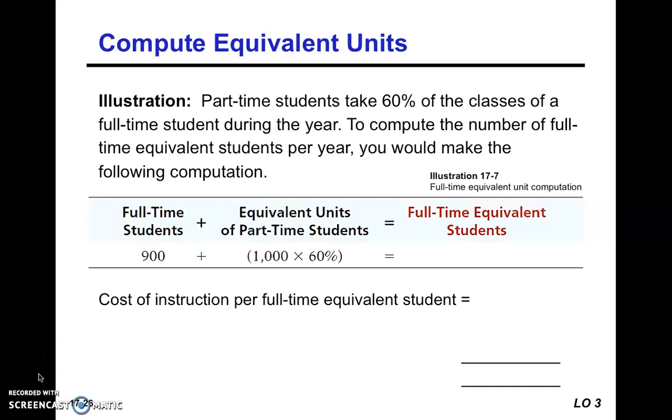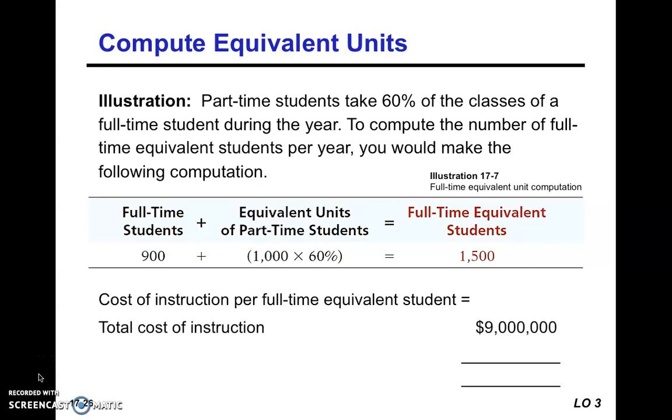We multiply the number of part-time students by the percentage of classes that they take compared to full-timers. So the 1,000 part-time students are equivalent to 600 full-time students. Add the 600 to the 900 full-time students, and in total the equivalent full-time students are 1,500.